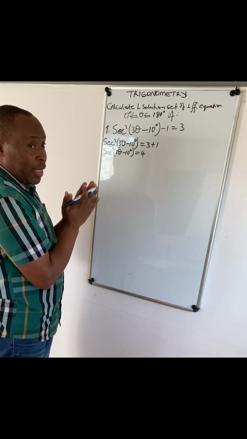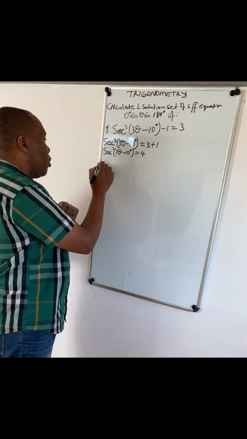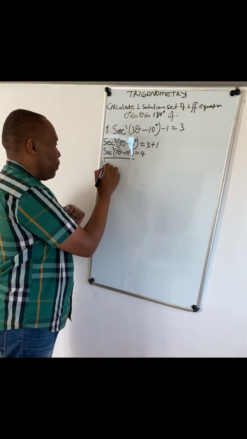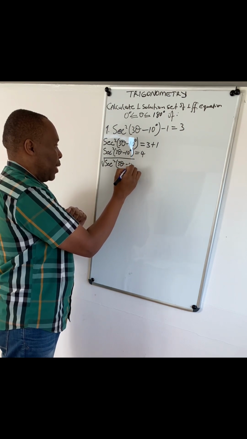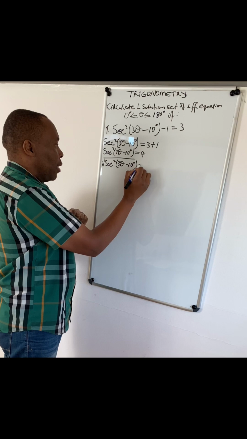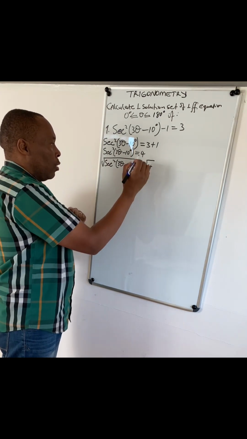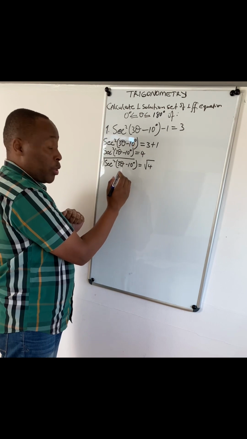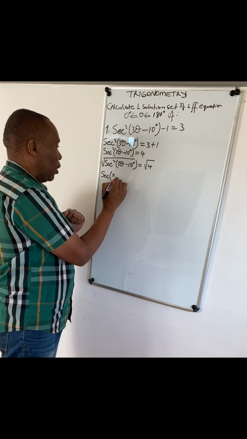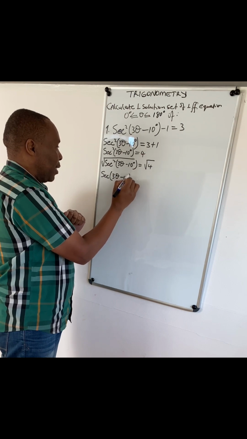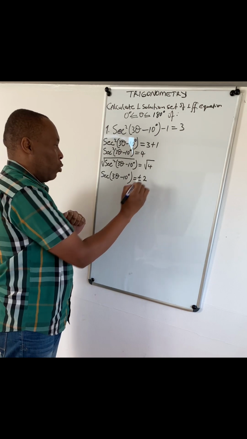And the way to get rid of sec squared, we put a square root into it. So we will have the root of sec squared (3 theta minus 10 degrees) is equal to the square root of 4. Now when we put a square root like this, we are left with sec (3 theta minus 10 degrees) is equal to plus minus 2.